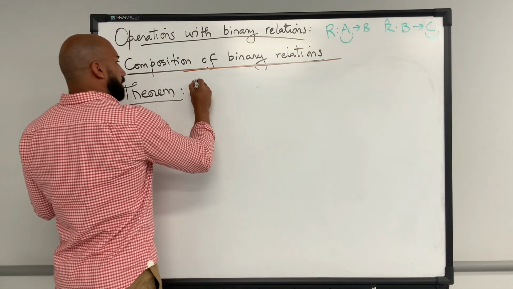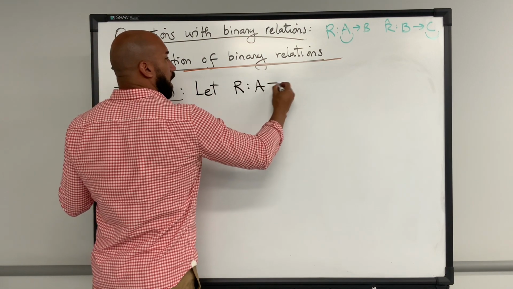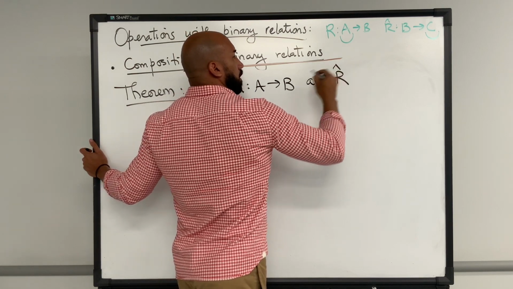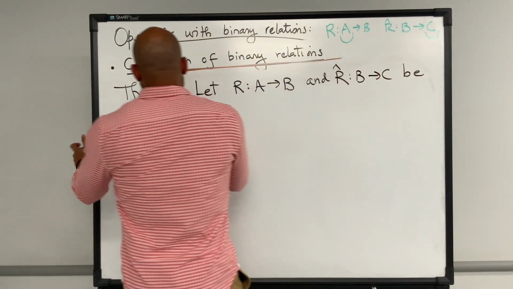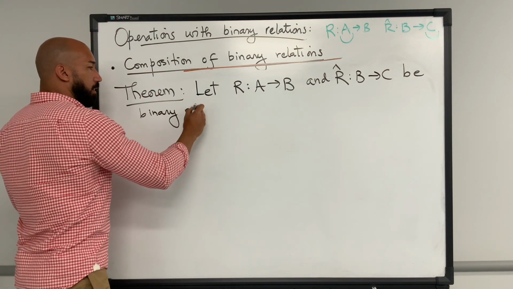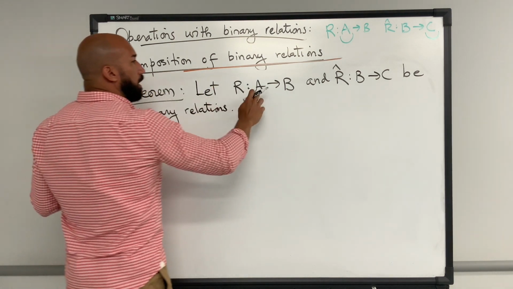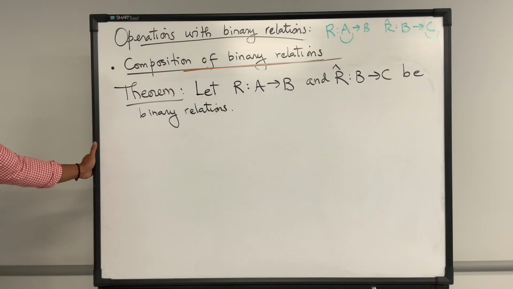So let R from A to B and R hat from B to C be binary relations. Obviously we are assuming here that A, B, and C are non-empty sets.